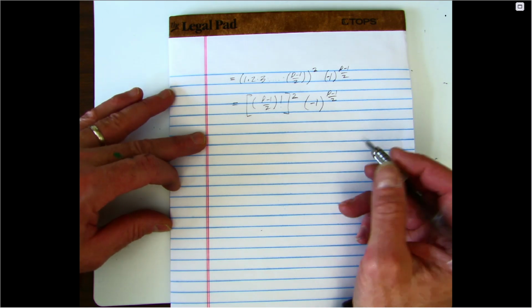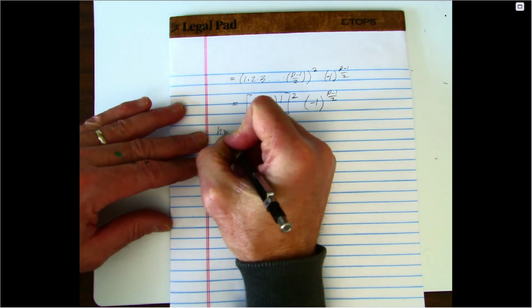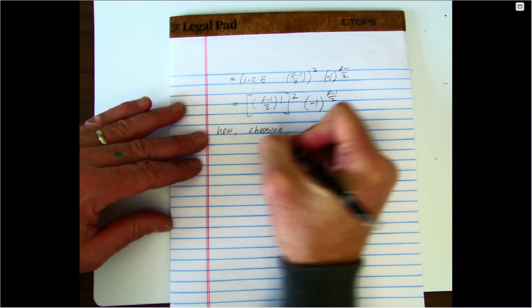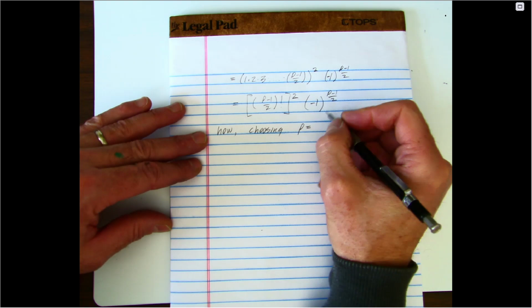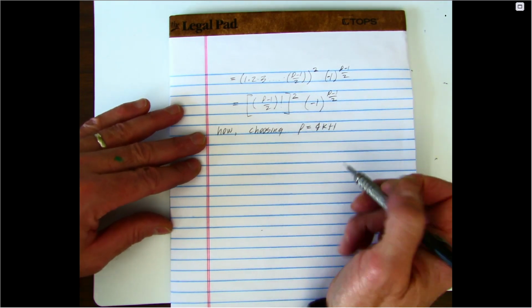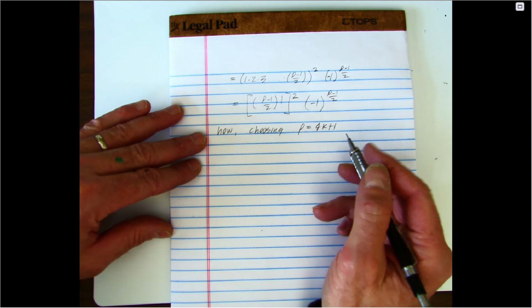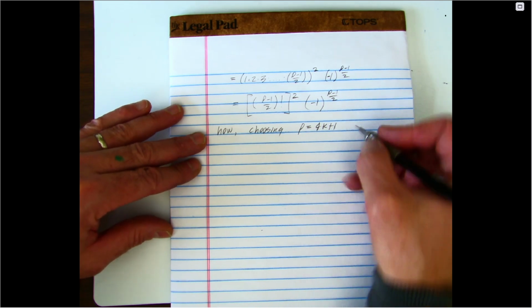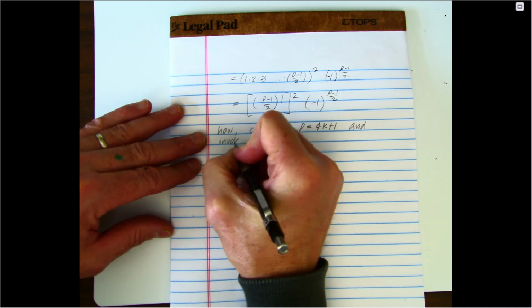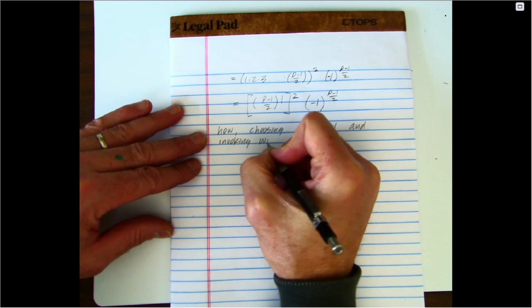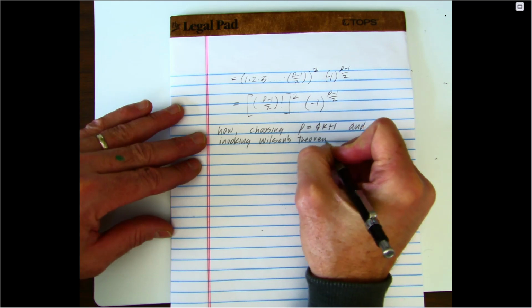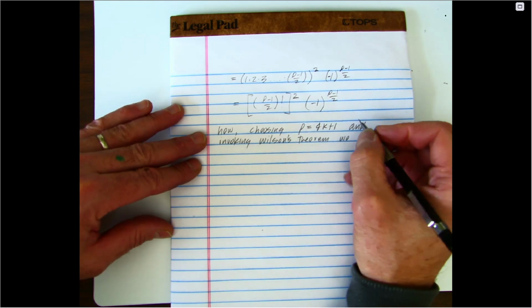Okay, so now choosing p to be equal to 4k plus 1, in other words, letting this p be 4k plus 1, and invoking Wilson's theorem, we get this.